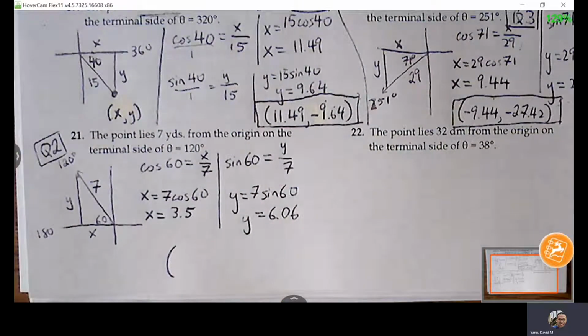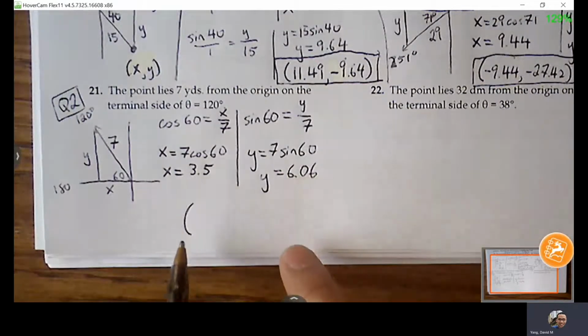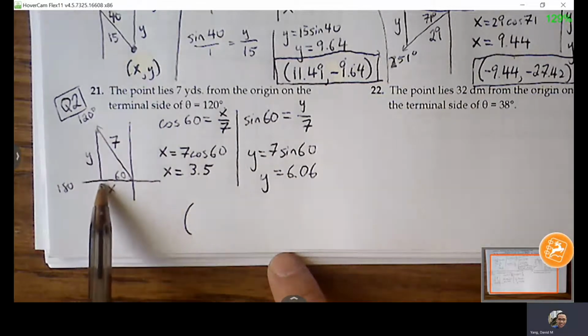Negative x. Okay, do we need to make any adjustments here? Are both these x and y values positive? Yeah, negative x, positive y, right? Second quadrant, go left, that's negative, and up, positive.